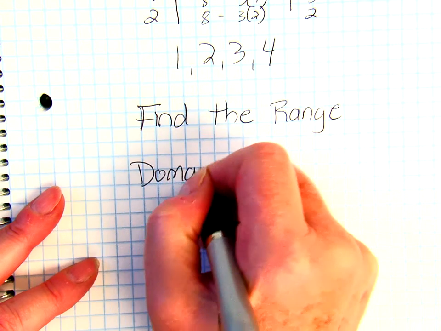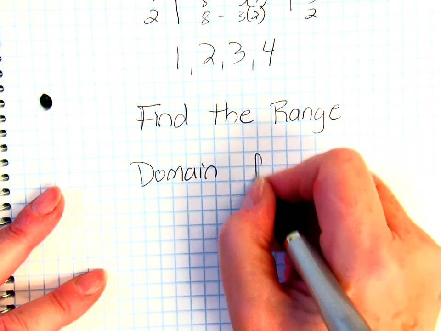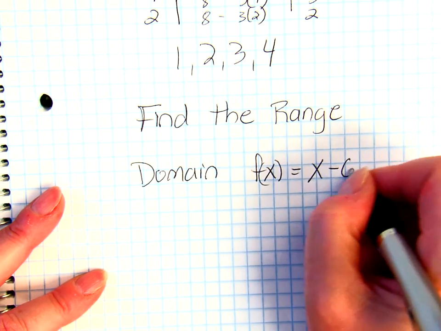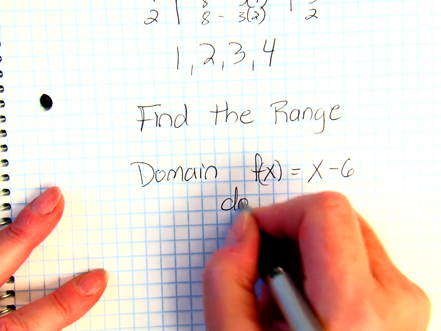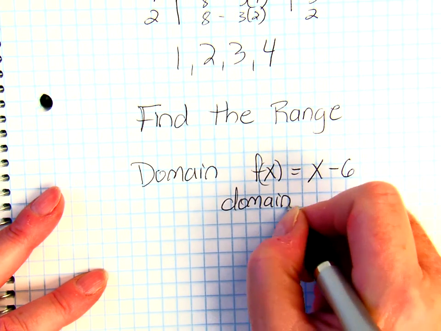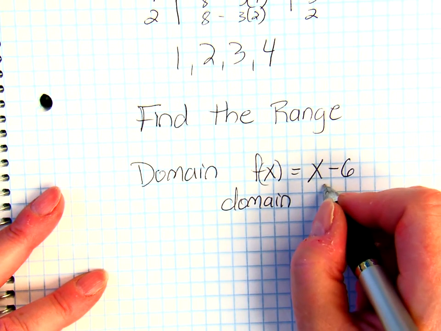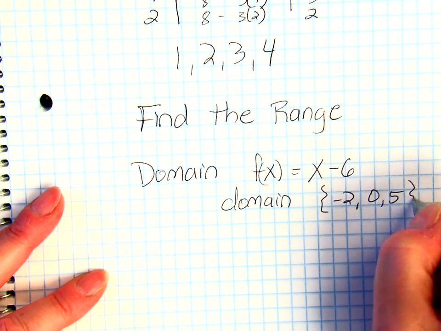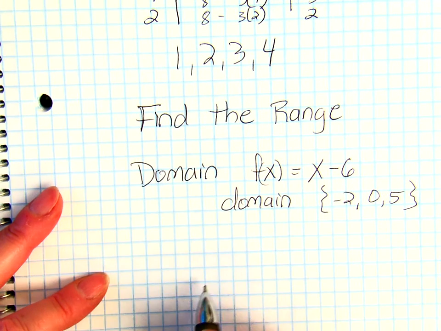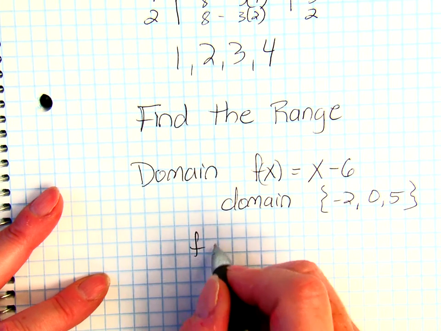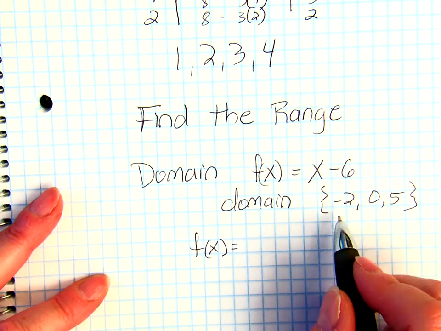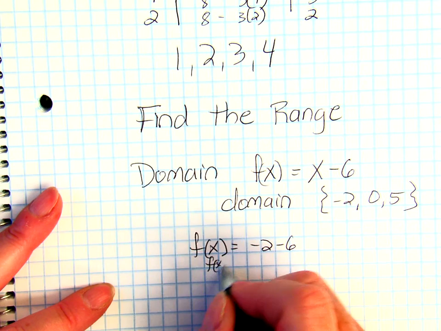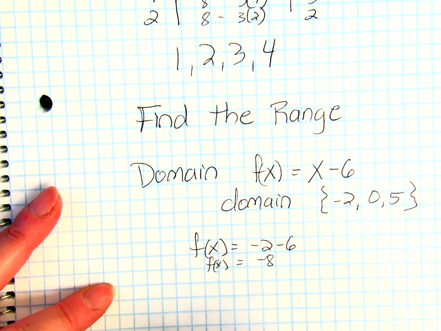If they give you a domain, let's say they say f of x equals x minus 6, and your domain is negative 2, 0, and 5. All you're going to do is say then f of x equals negative 2 minus 6, so f of x is equal to negative 8.